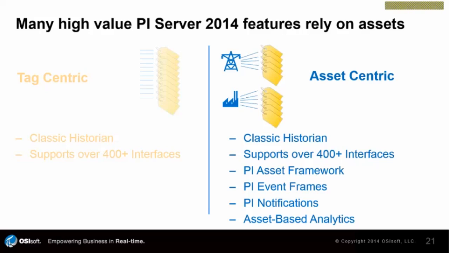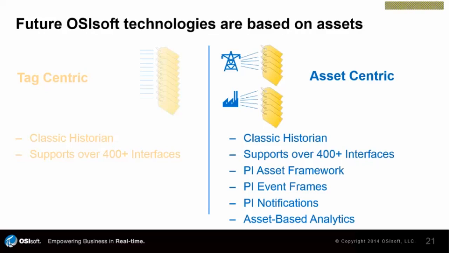Those properties still remain. But PI Server today has grown. Now we give you tools to work with your data in an asset-centric manner, and by doing so, it really adds to your PI system infrastructure.